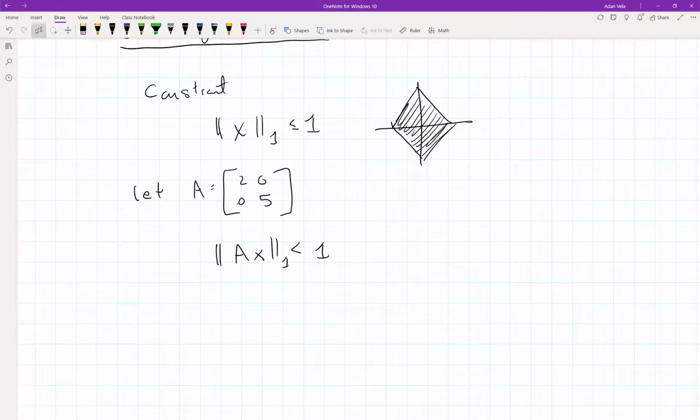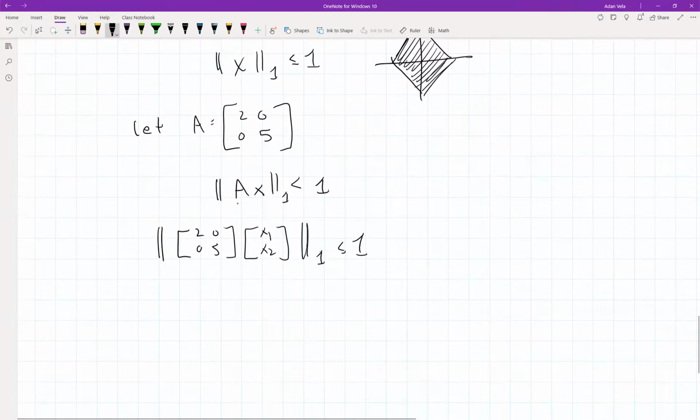Okay. So let's go through and do this multiplication. We're going to take 2, 0, 0, 5 and multiply times x1, x2. Then we take the 1 norm. Doing the multiplication, row times column, we end up with 2x1 and 5x2.